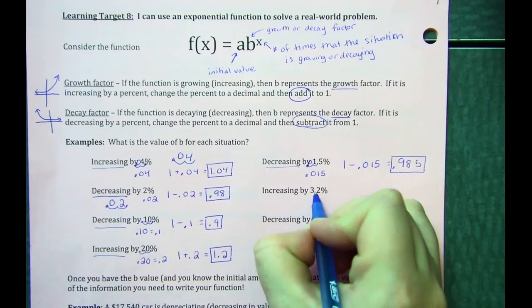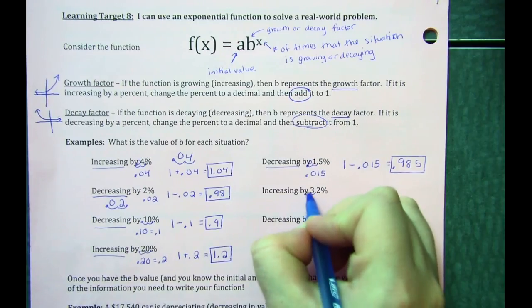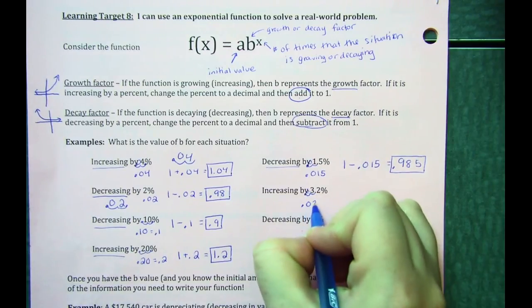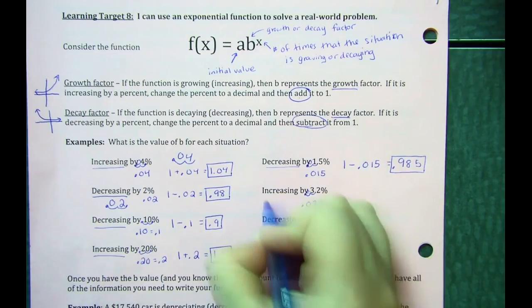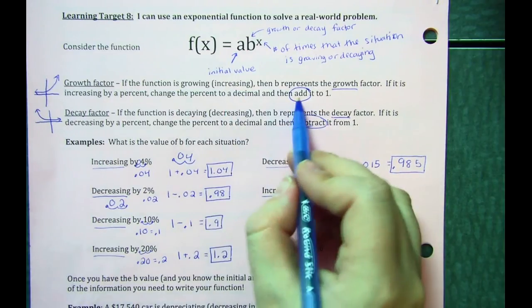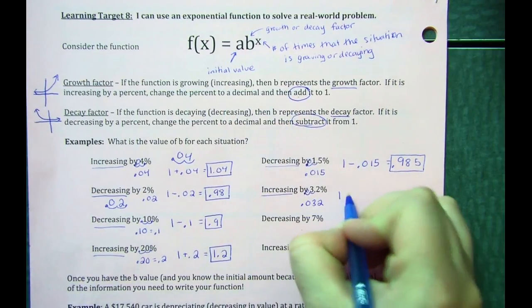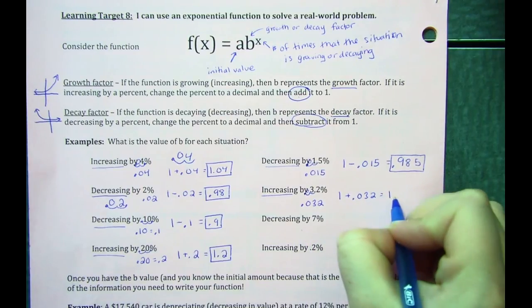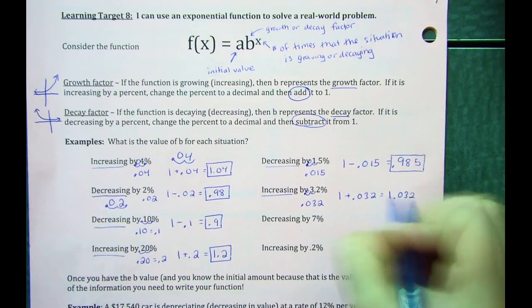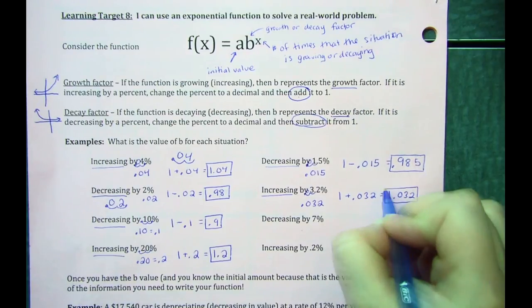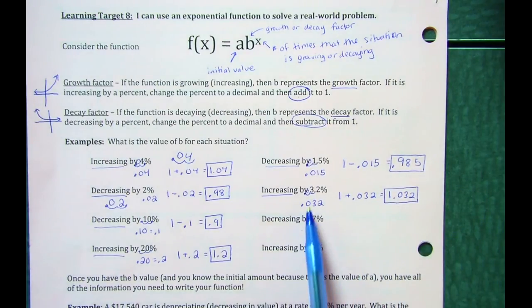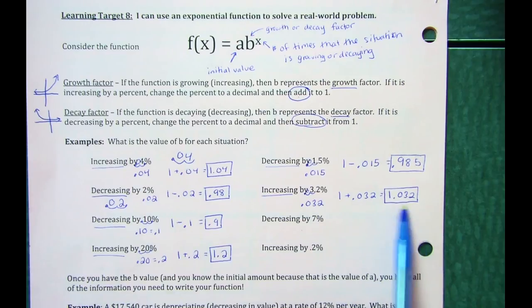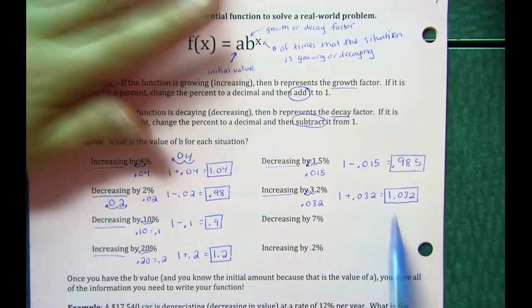Here, I'm going to move my decimal 2 places to the left, so I end up with 0.032. Because it's increasing, I'm going to add it to 1, so 1 plus 0.032 equals 1.032. So in this situation, if it is increasing by 3.2%, this is what I would use as my b value.